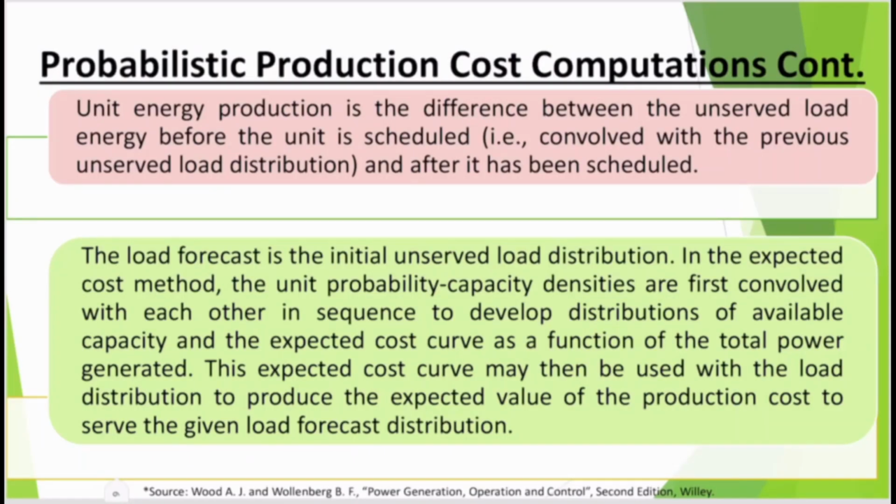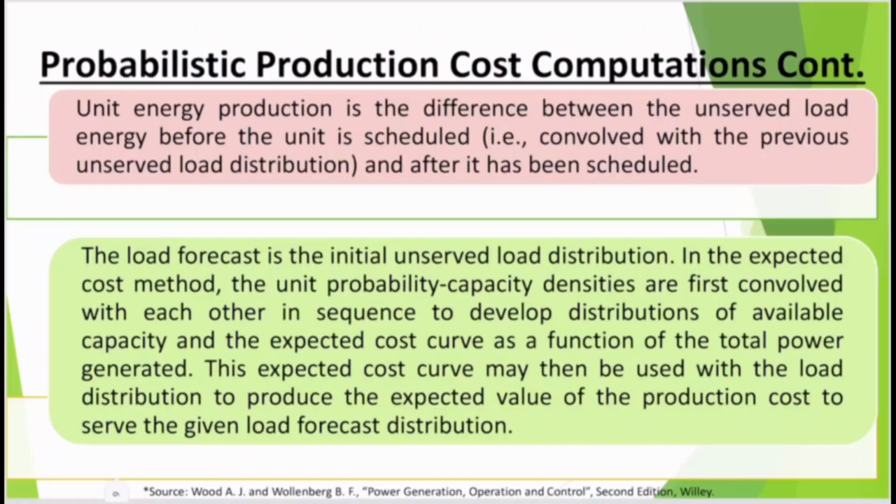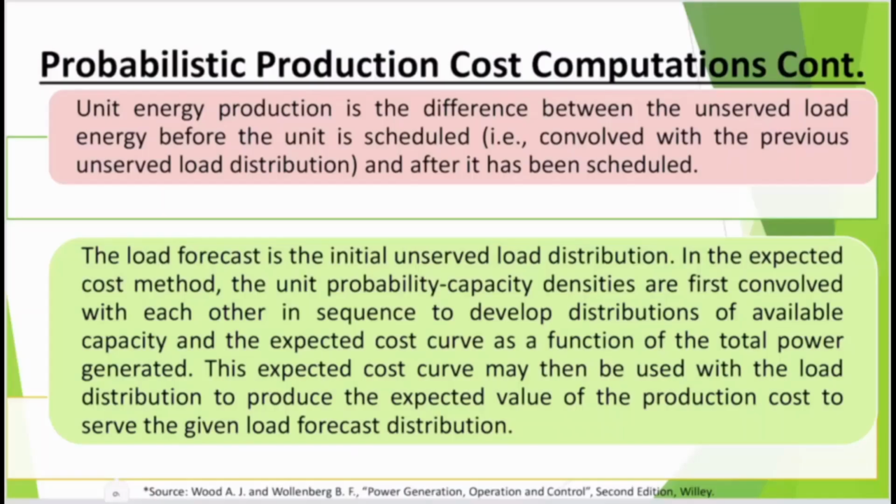Now, these expected cost curves may then be used with the load distribution to produce the expected value of the production cost to serve the given forecasted load distribution. So here we need to meet a load which is uncertain, and the generators meeting the uncertain load are also partially unavailable under different outages.